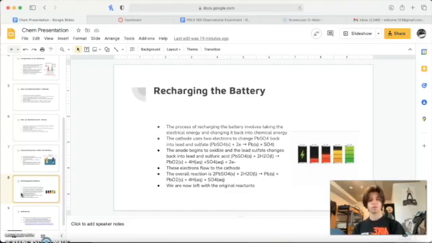These electrons that are produced from the anode go back to the cathode so that its reaction can occur. And the overall reaction is 2 lead sulfate plus 2 water equals lead plus lead O2 plus 4 hydrogen plus SO4, or 2 sulfuric acid, which is the original reactant.